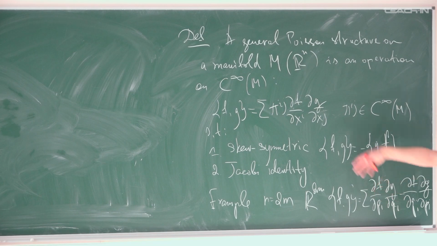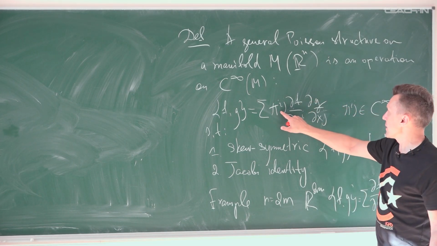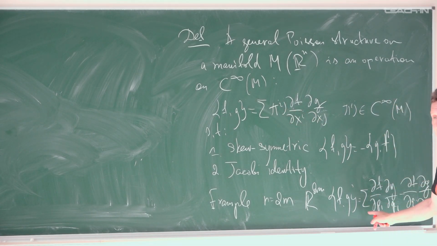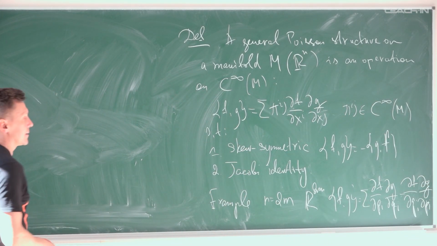So comparing to such expression, we see that all pi ij are some constants. Okay, one here, then the indices here coincide, and minus one in the second summand.